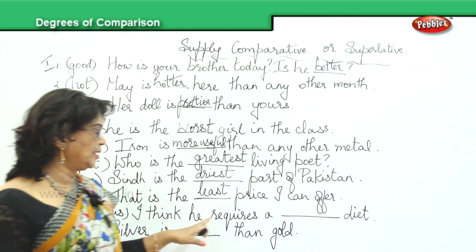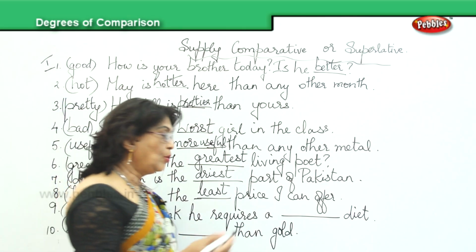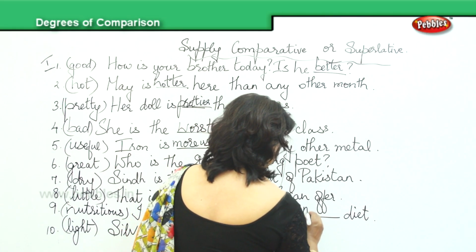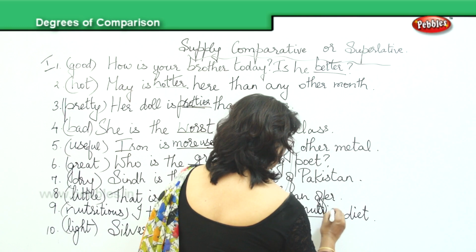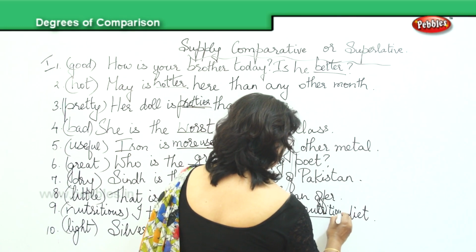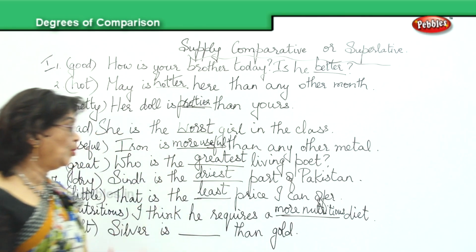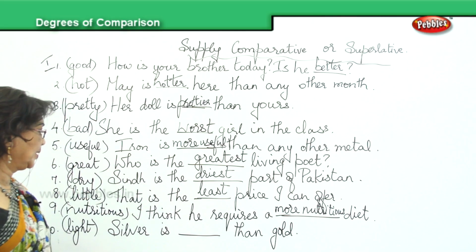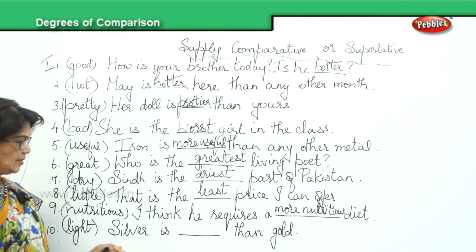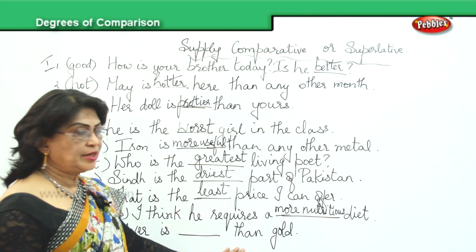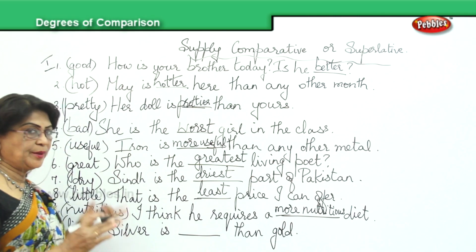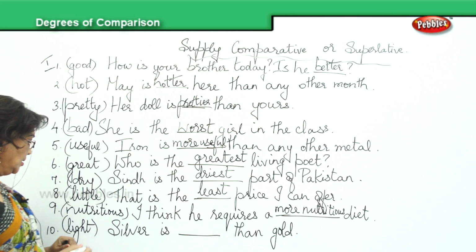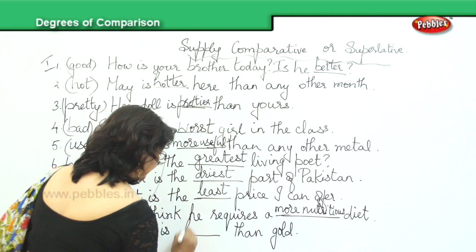I think he requires a more nutritious diet. Next one, light. Silver is dash than gold. Now, when you compare two things, you have to give the comparative degree. So, light, lighter.